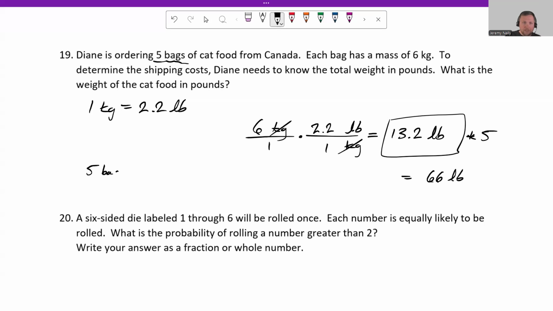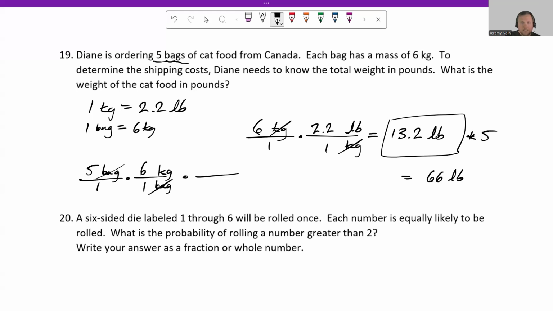Honestly, if I was setting this up from the beginning, it'd be 5 bags, and then cancel out bags and go to pounds. So one bag was 6 kilograms, so I can't do that directly. I'm going from bags to kilograms first, so one bag is 6 kilograms.